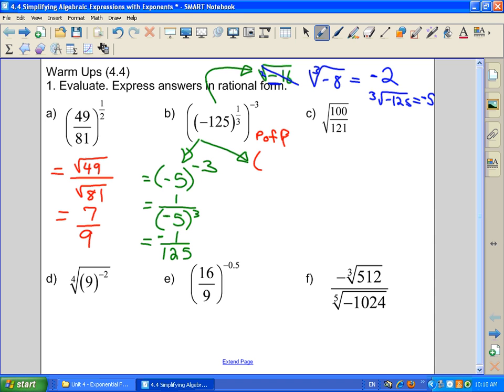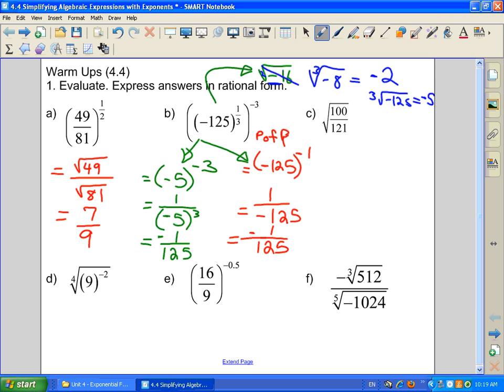Okay, so what I'm going to do is leave my base the same, and when you multiply -3 times 1/3, that gives you -1. Then realizing, hey, ladies and gentlemen, that's a negative exponent, so we're going to have to flip it. So it's going to be 1 over -125, and then realizing that you cannot have a negative denominator in a fraction, so you should bring it out front or up top. Okay?